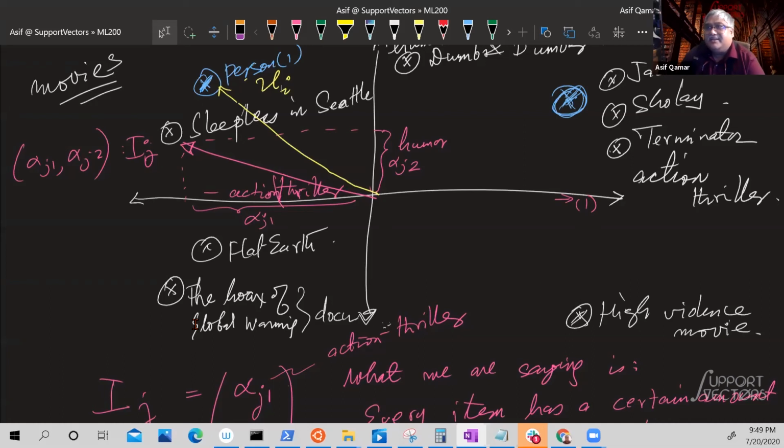In this hidden space or this abstract space of traits, the person is quite far from liking the characteristics of the Hoax because it doesn't have enough humor. It might agree on the action thriller axis, but the humor axis doesn't agree, right? And this person is very unlikely to like a movie which is senseless violence. Maybe give me a name, guys, of a senseless violence movie.